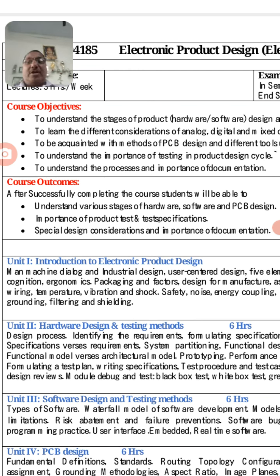The course outcomes will be: after successful completion of the course, students will be able to understand various stages of hardware and software and PCB designs. Second outcome will be that they will understand the importance of product test and test specifications.